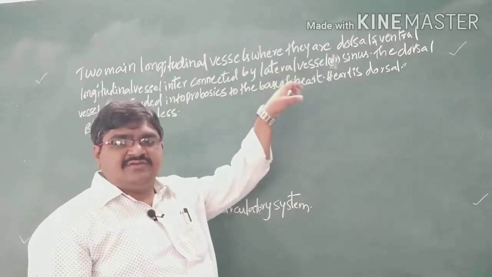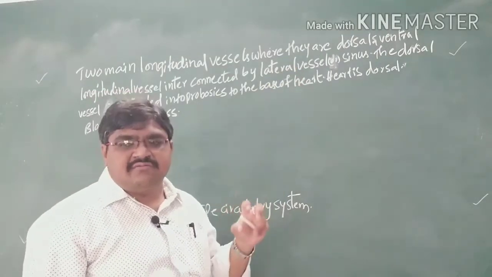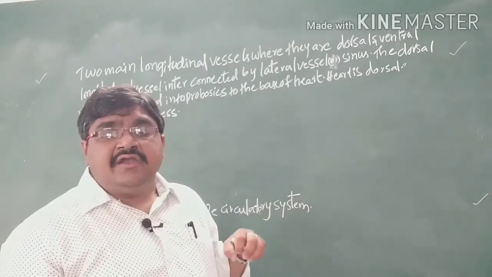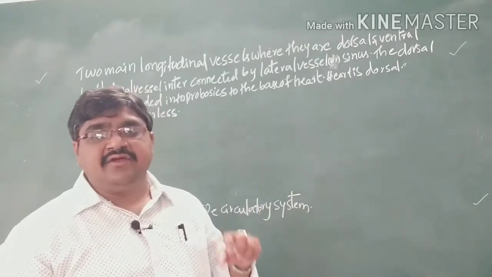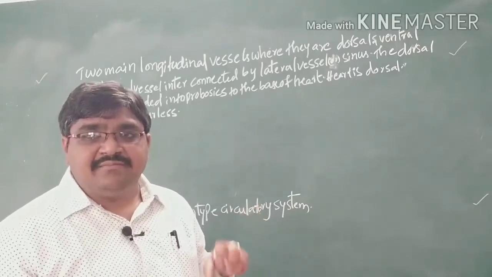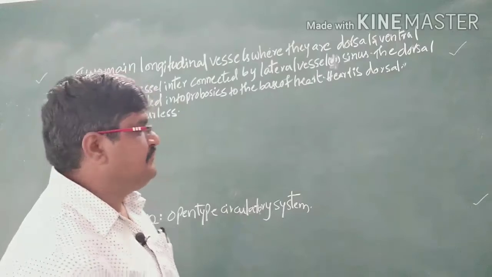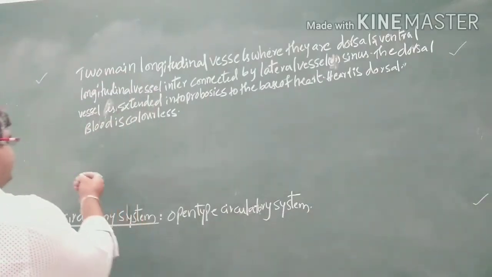That means it forms the heart region. The heart formation takes place in the proboscis, and the heart is dorsal. The blood is colorless.